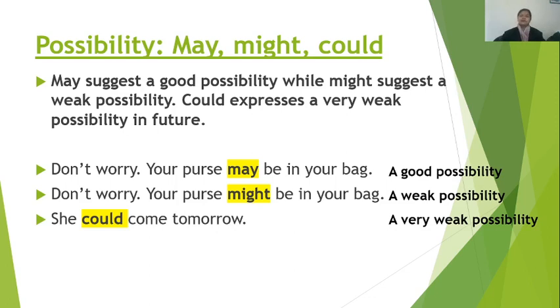That it is not in the bag, it is somewhere else. I am only 10 to 20% sure that it is in the bag if I am using could. Okay, so may shows 100% possibility of an action, might shows 80% of the possibility of an action, while could shows 10 to 20% of the possibility of an action.